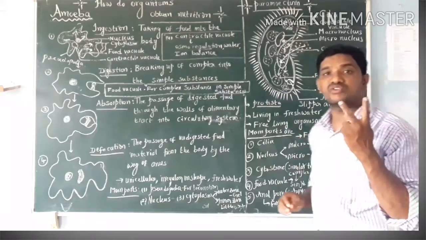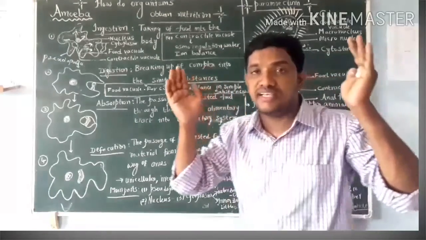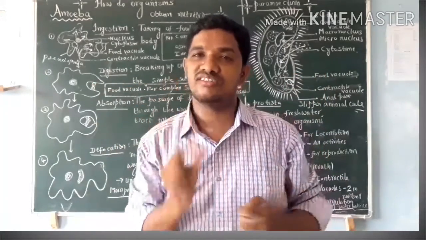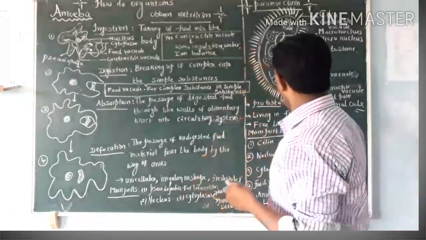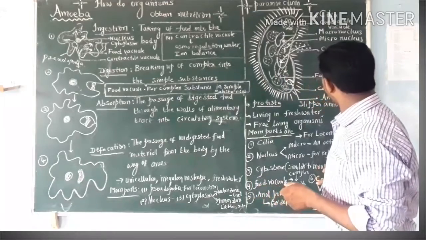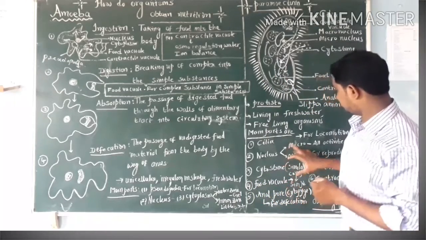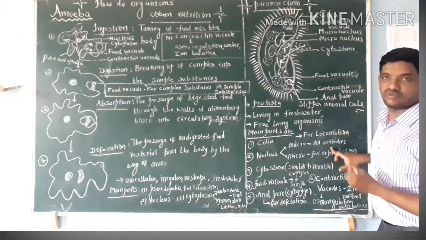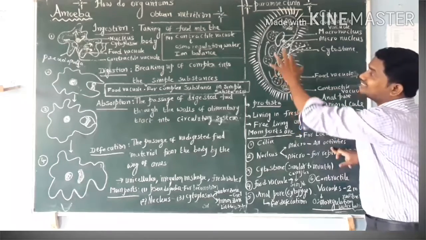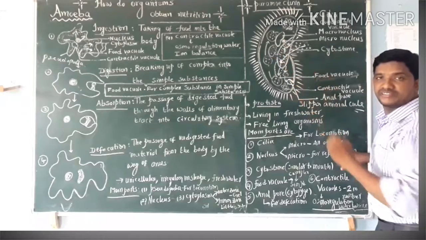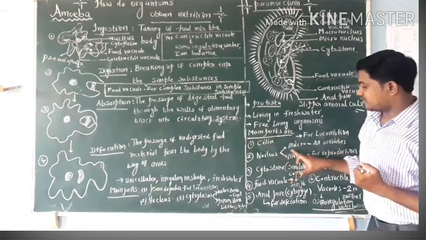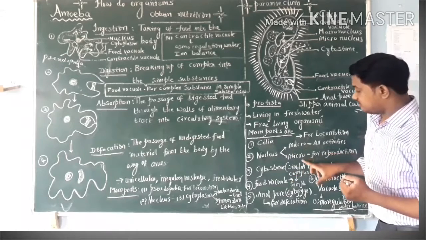Next, nucleus. There are two types of nucleus present. Macronucleus, big size nucleus. Micronucleus, small size nucleus. This macronucleus performs all activities. All activities that occur inside the Paramoecium are controlled by the macronucleus.